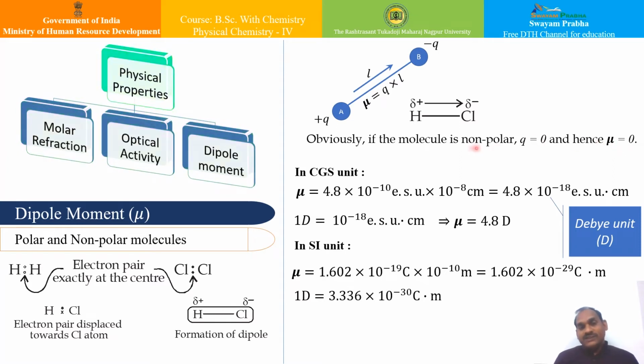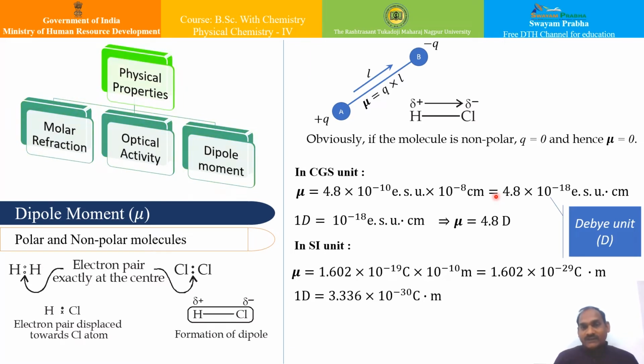In CGS units, in the CGS system, the electronic charge is usually expressed in electrostatic unit of charge, which we call ESU, and the bond length we usually measure in centimeters. And therefore, the dipole moment is expressed in ESU centimeters.